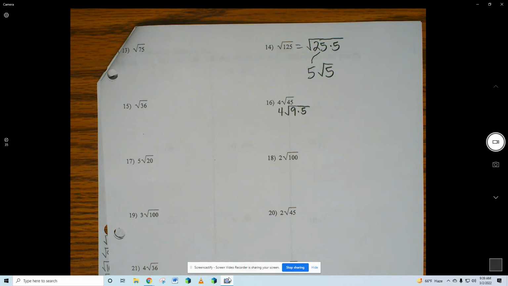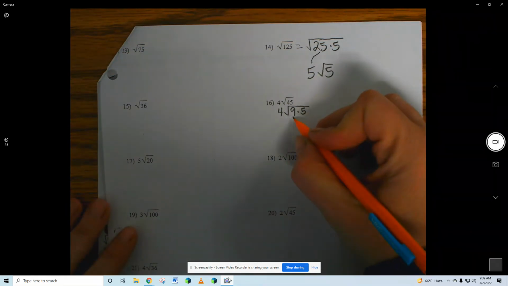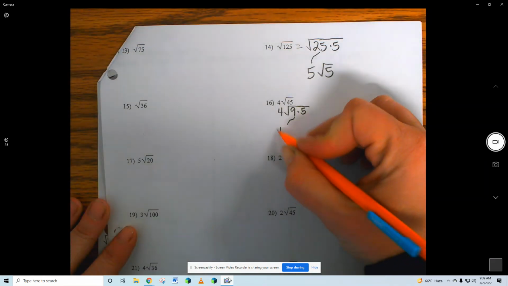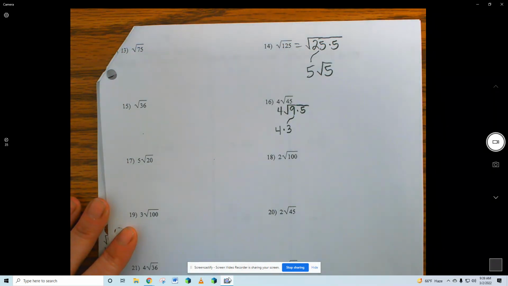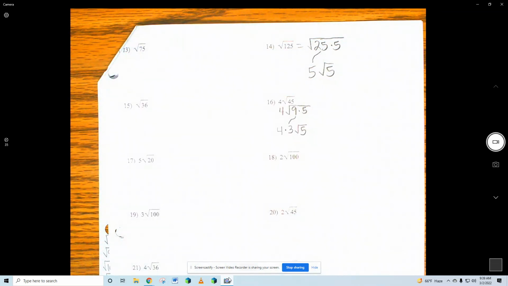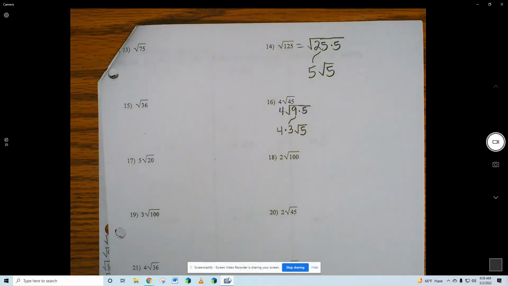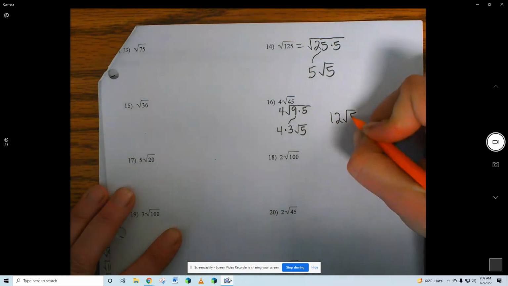The 4 stays out in front. This 9 is going to come out. What's the square root of 9? 3. So, the 4 stays out there, a 3 comes out, and then the rad 5 stays under. It's not 43. It's 12. 12 rad 5.